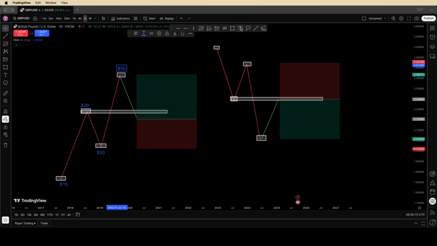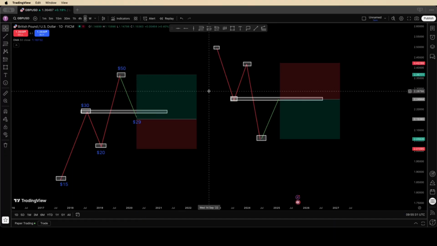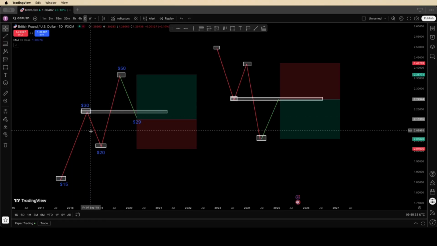So let's say the market comes back to around $29. They'll feel, this is quite a bargain, I might think about it. So more people will be buying. That's how I look at it from this point of view.